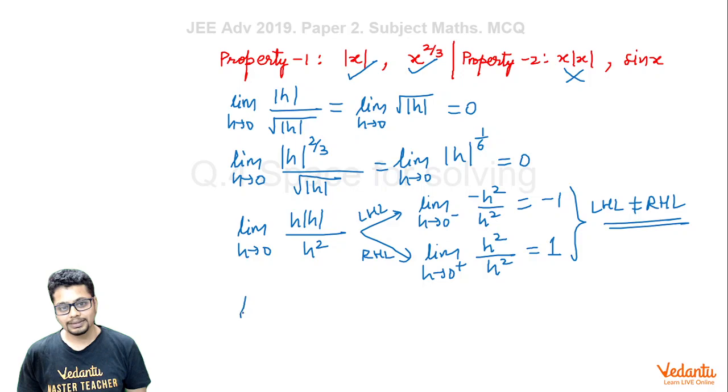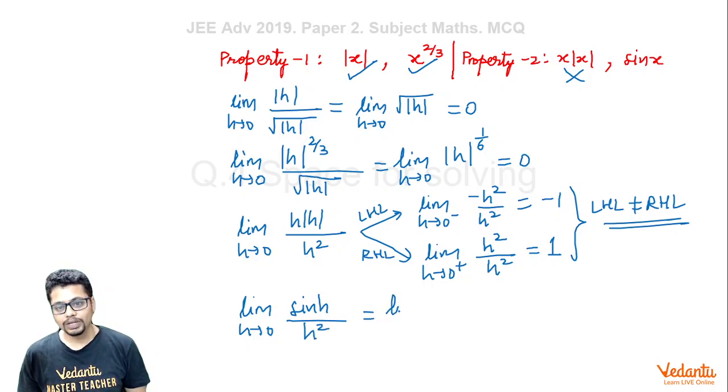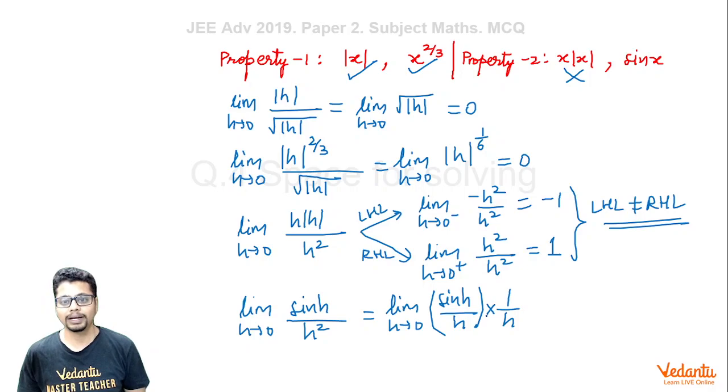Now what about sin x? Limit h tending to 0, f of h will be sin of h minus f of 0. f of 0 would be 0 because sin of 0 is 0, divided by h square. Now we know this standard limit, that limit h tending to 0 of sin of h divided by h is essentially 1, and it's finite. But here we have an additional 1 by h multiplied to it.